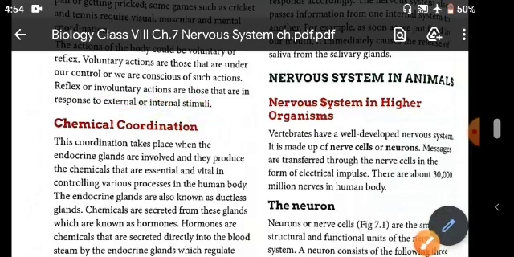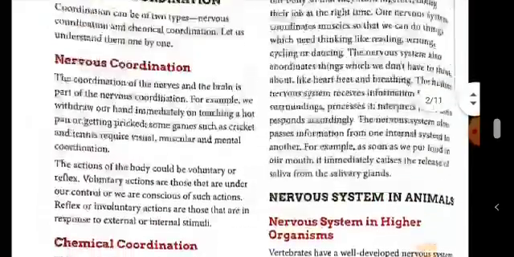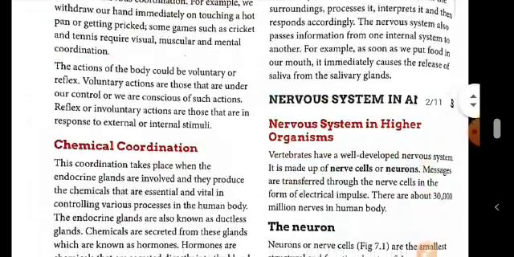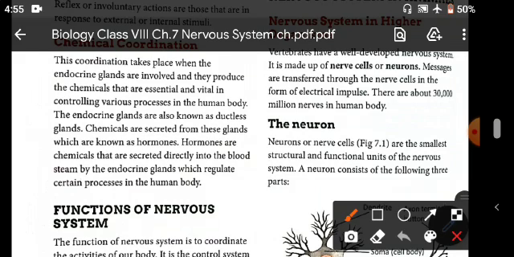Now the second is chemical coordination. The first was nervous coordination and the second is chemical coordination. This coordination takes place when endocrine glands are involved in the production of chemicals that are essential and vital in controlling various processes in the human body.